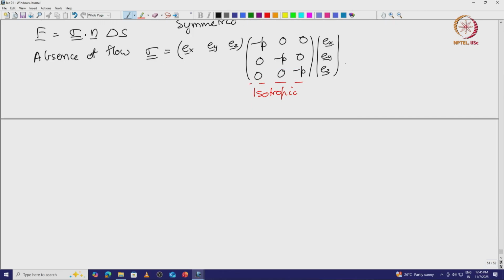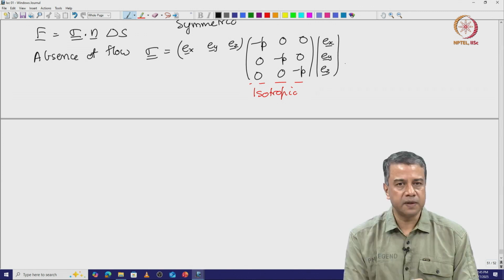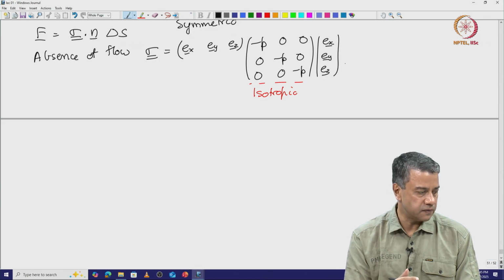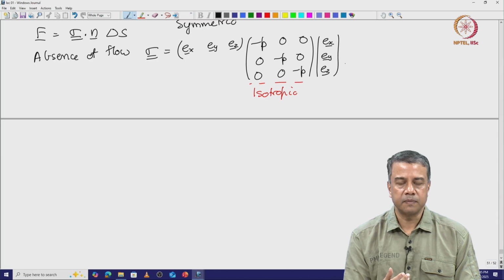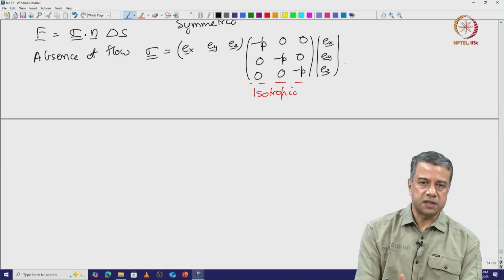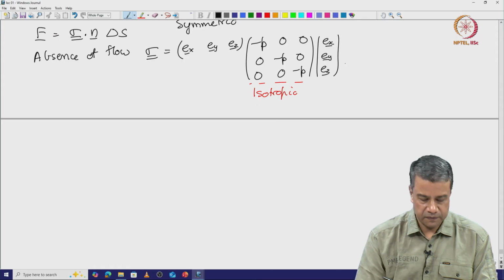In a similar manner, the stress has now got to be related by the constitutive relation to the gradients in the momentum or the gradients in the velocity. Momentum is density times velocity. So, if the density is a constant, the momentum and the velocity are proportional to each other. So, the stress has to be related to the gradient in the velocity.